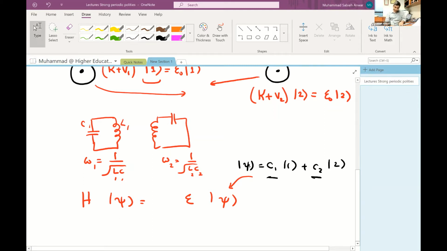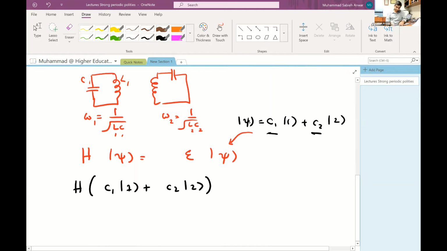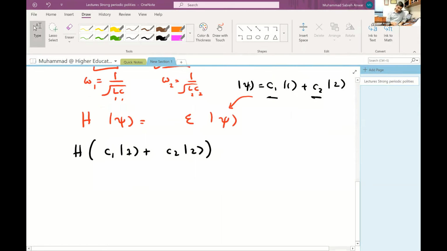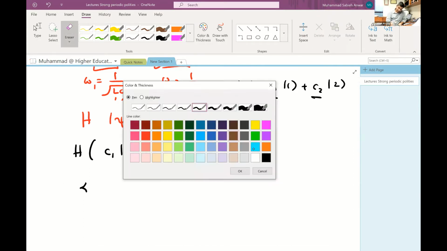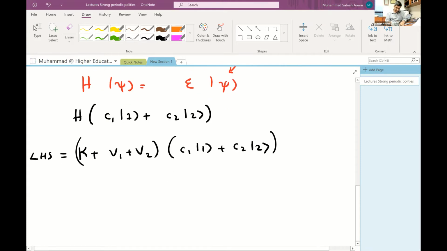So now let's put this trial solution in here. So this is our left hand side. Now H is K plus V1, and this acts on our trial solution. This is the left hand side of the time independent Schrodinger equation.